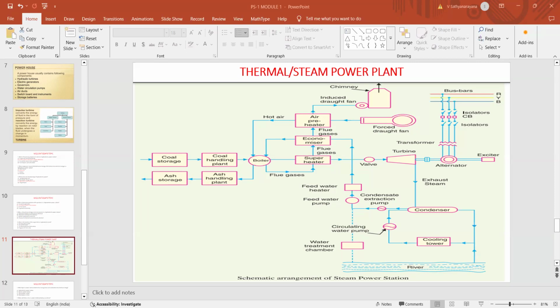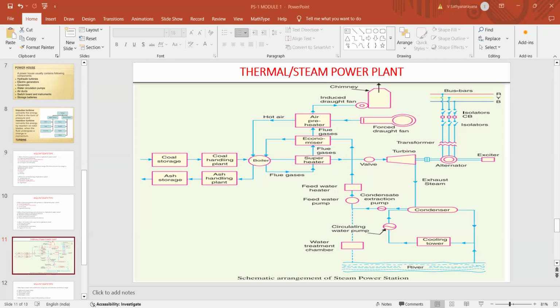Remember, not only with hydro, because we completed hydro yesterday, so I compared with hydro. But in general, compared to any other kind of generating station like diesel or gas, nuclear, hydro, whatever, the thermal station has a low initial cost, remember it. And the cost of generation by default is lesser.